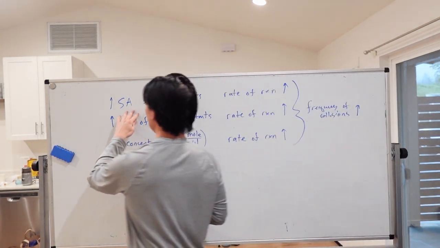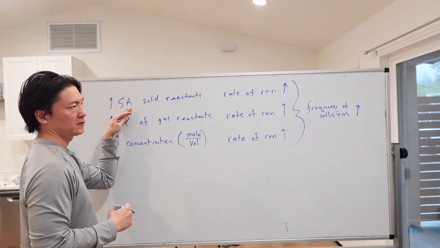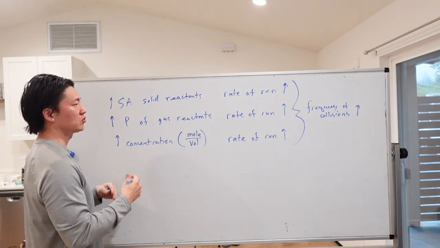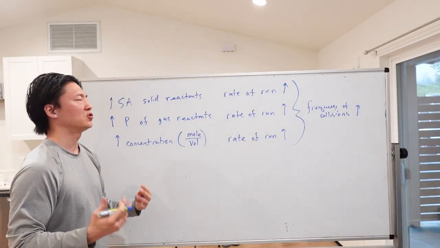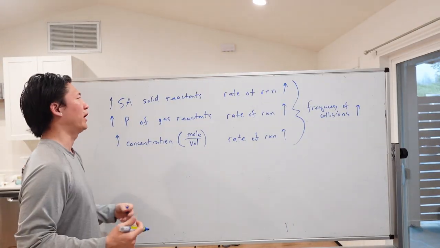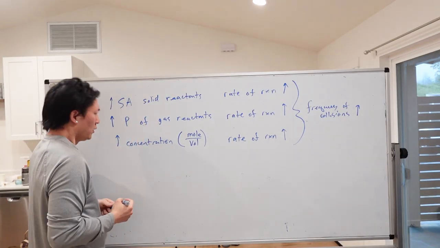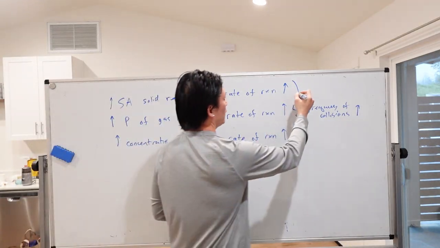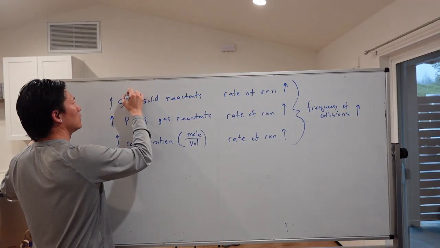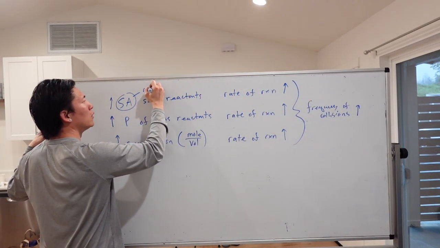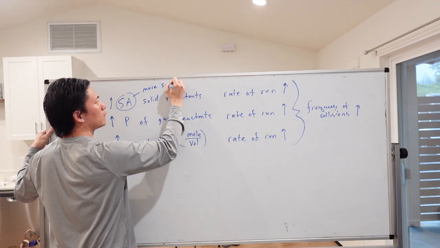Because if you increase the surface area, the surface sites of the reactant increase. You have more exposed surface for reactions to occur at. So we could just put here, more surface sites.